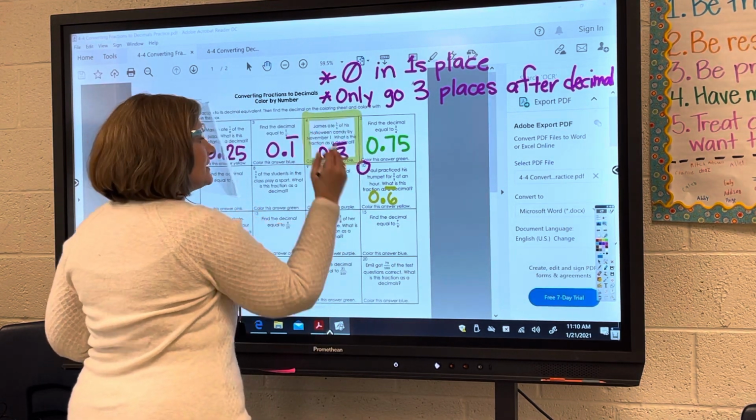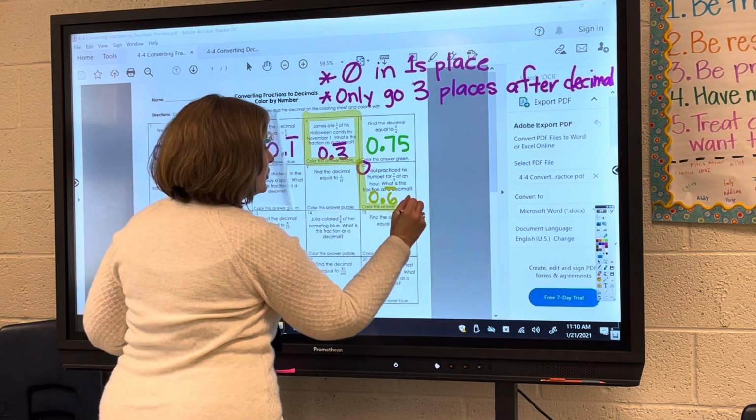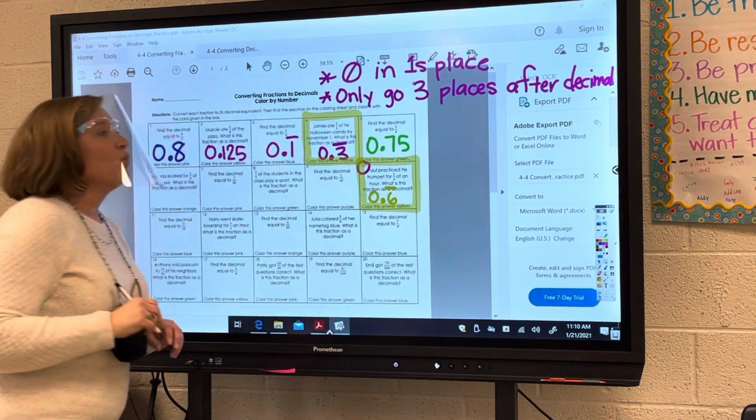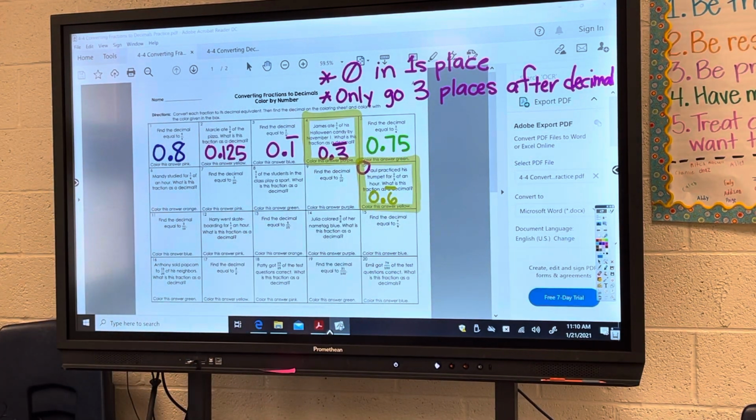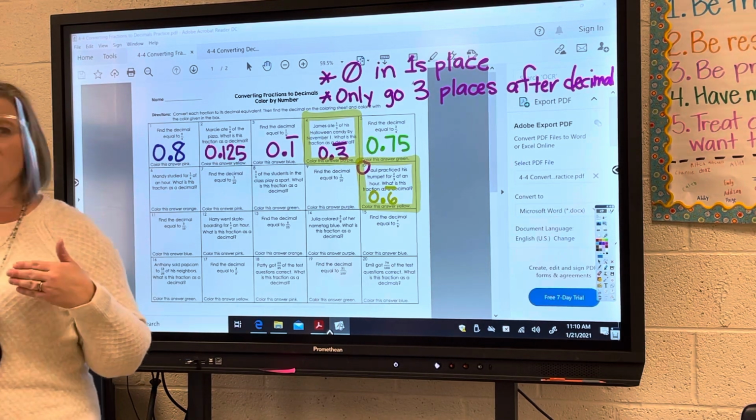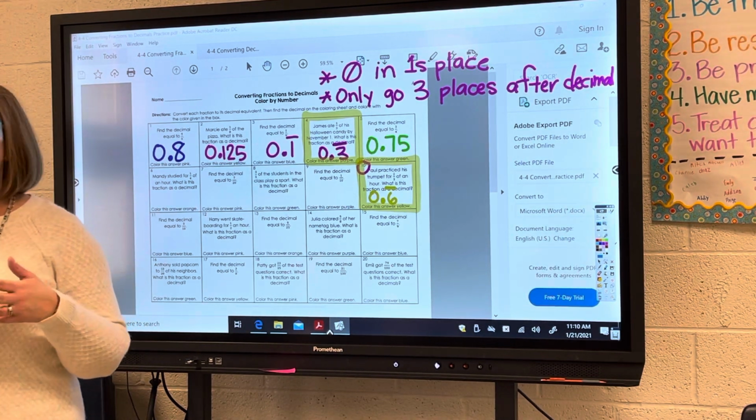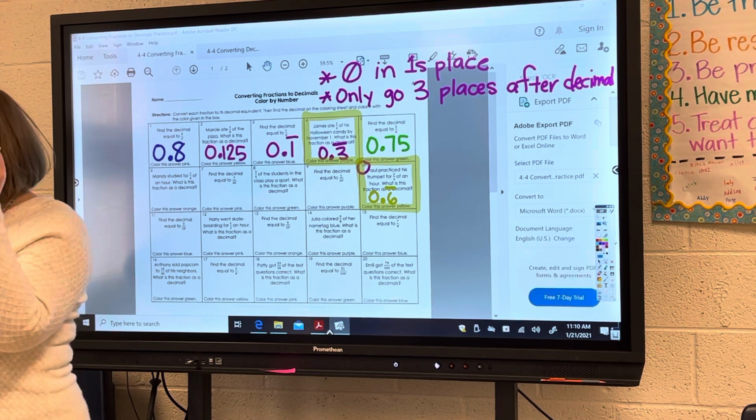Now, I am going to tell you that 1/3 and 2/3 are ones that you need to memorize, okay? But we will do them enough in 6th grade that you will probably memorize them just by repetition, okay? But those are ones that you're going to need to have in your brain.